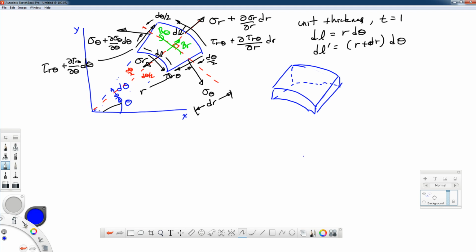All right, so that's probably about as good as I'm going to get. Here's the dl prime and the dl for those arc lengths, and here's my unit thickness that I have right here.